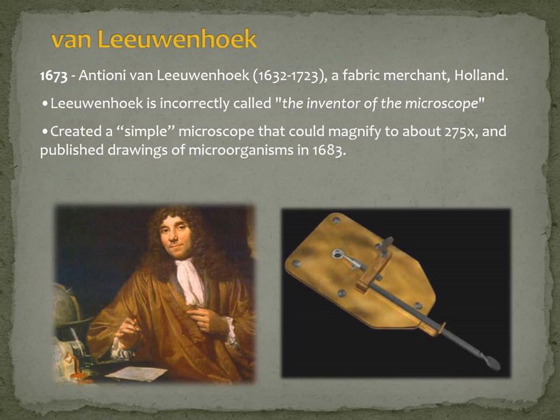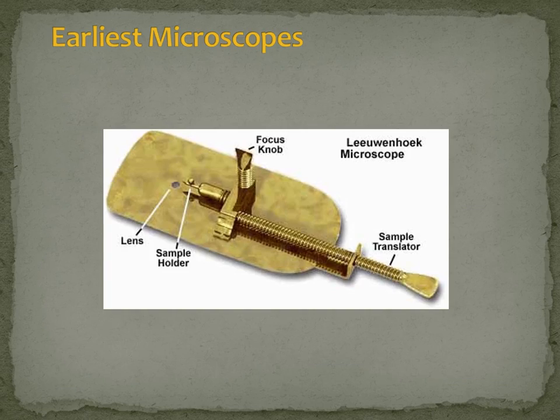But Leeuwenhoek was very creative, using a microscope to observe samples positioned here, and he was very careful describing his own observations. With a microscope like this, he could attain a magnification of about 275 times, and he submitted his work for publishing to the Royal Society at the time of Robert Hooke.